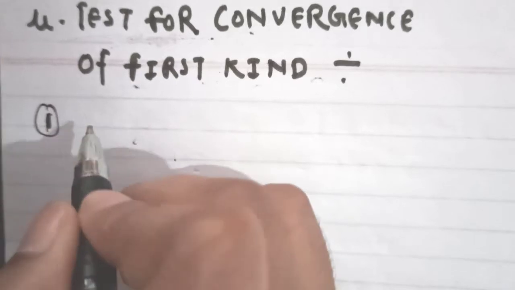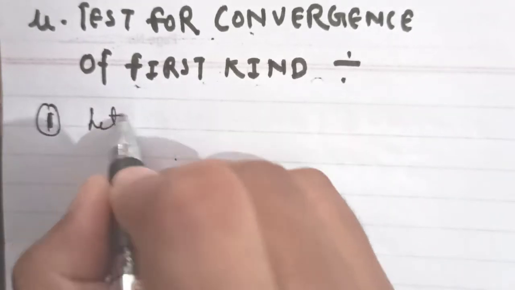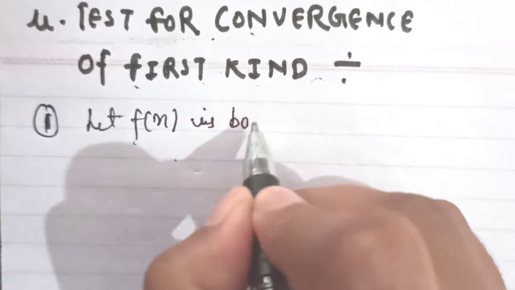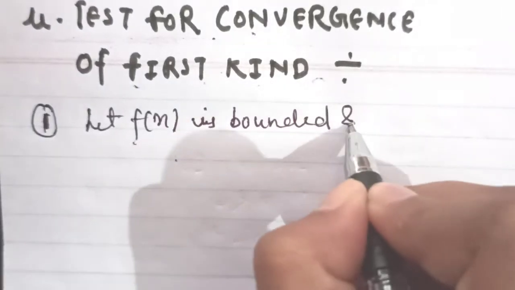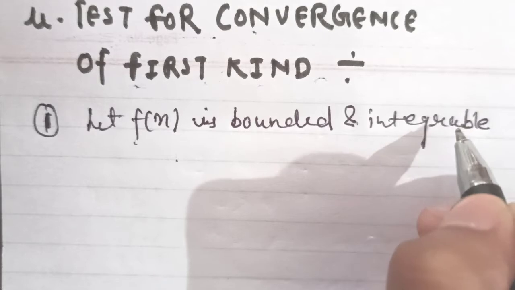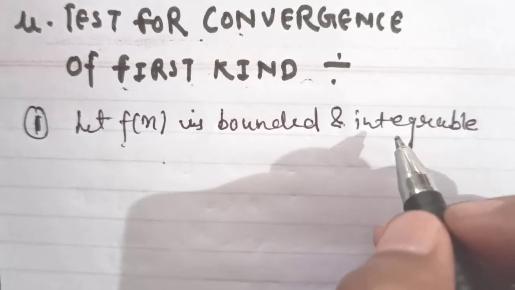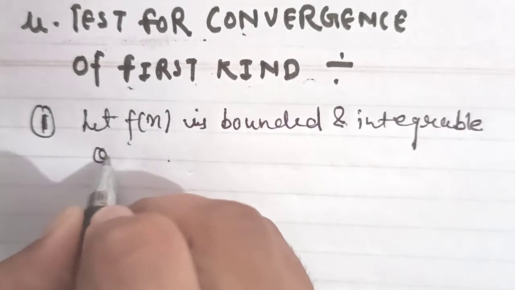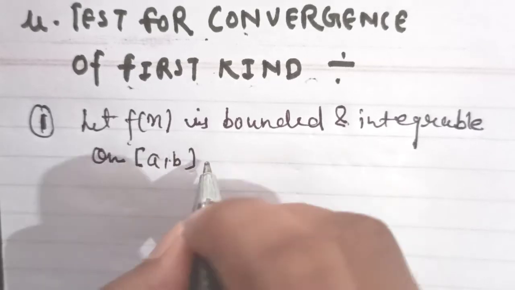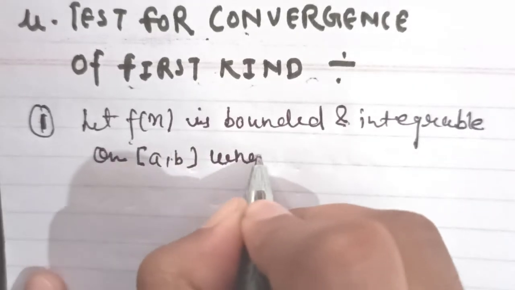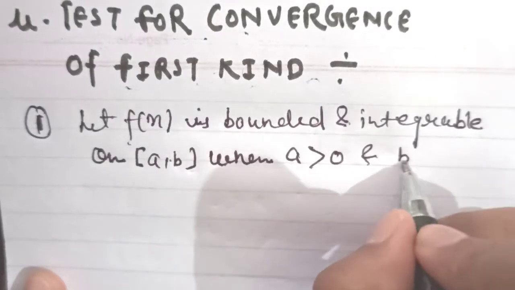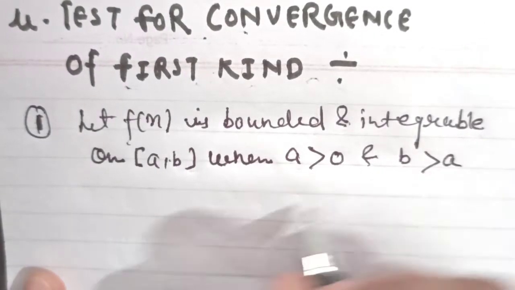First step says that let f(x) be bounded and integrable on the closed interval [a, b], where a is greater than 0 and b is of course greater than a.